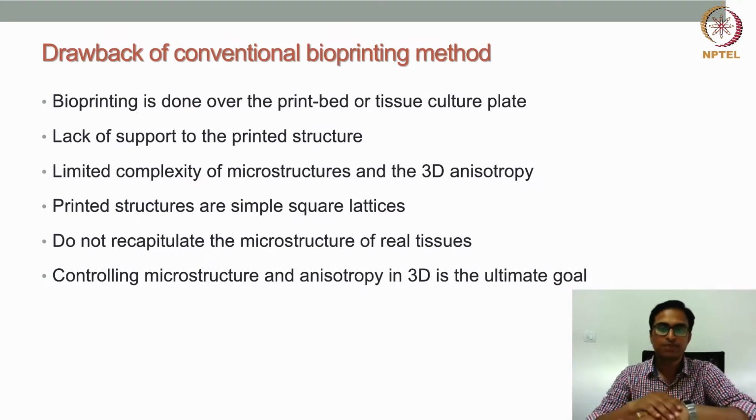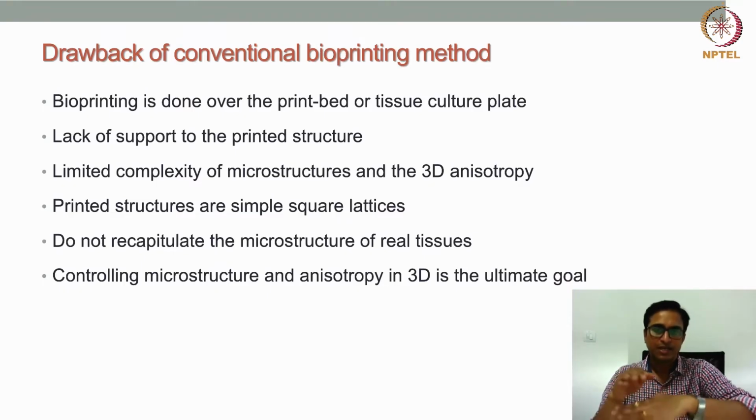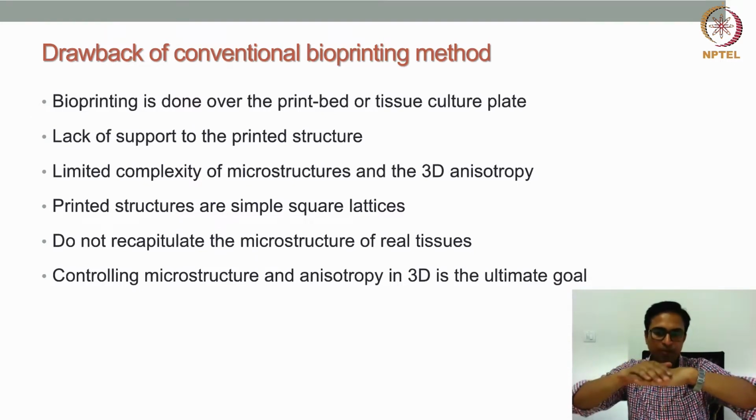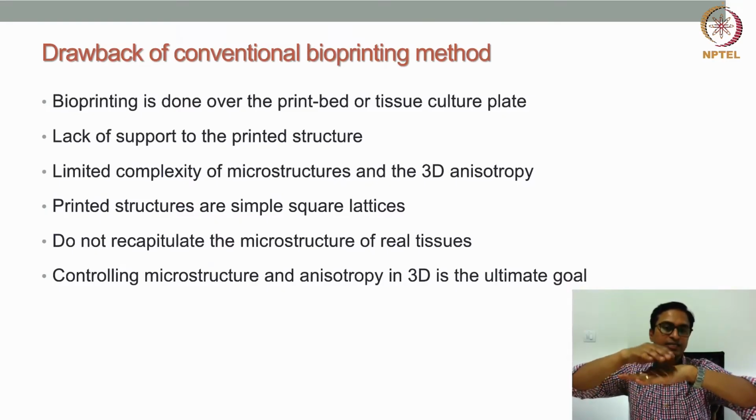But mostly, please note this, that whenever we print, we print on the stage, where the support is mostly provided by the print bed or the tissue culture plate, right? We cannot print anything like on air, and mostly the layers will attach to the print bed.